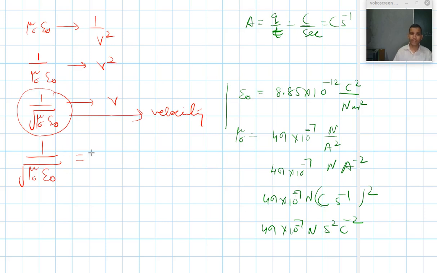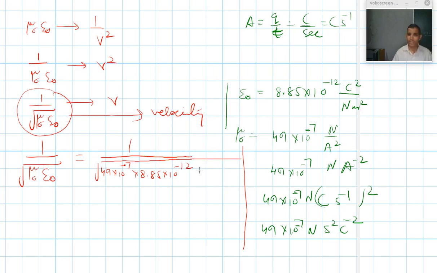So if I put their values here, this is 1 upon 4 pi 10 raised to power minus 7 into 8.85 into 10 raised to power minus 12, whole under the root, along with the units, and units are also under the root.